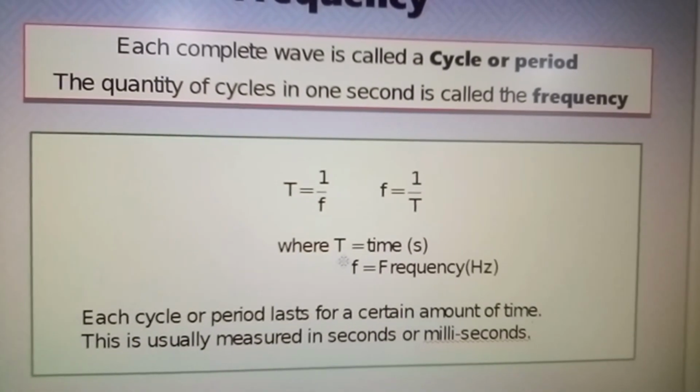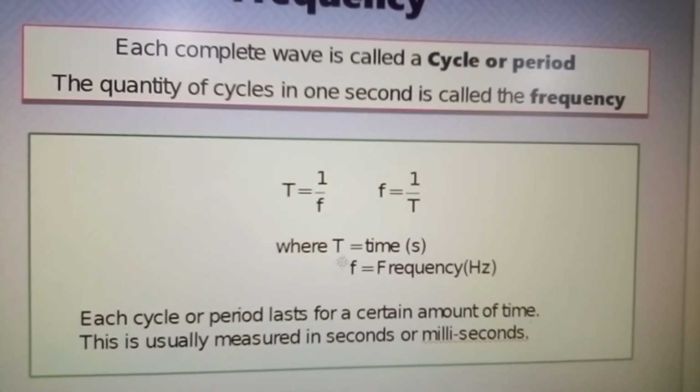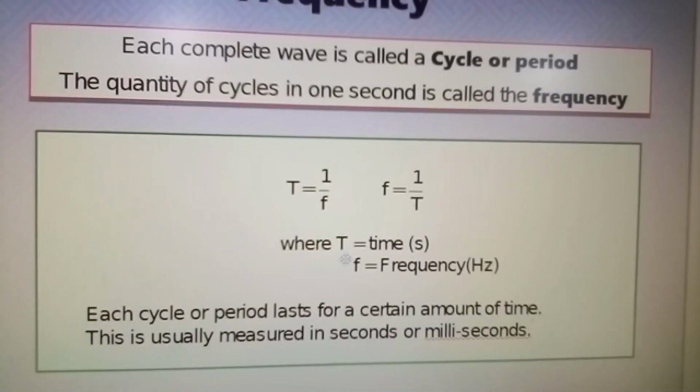T equals 1 over F, F equals 1 over T, time and frequency. And that should be it.